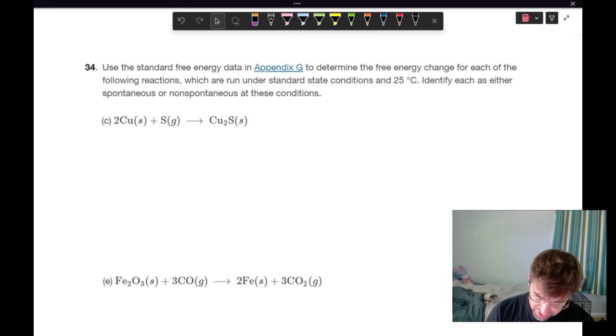So using the standard free energy data in Appendix G, determine the free energy change of each of the following reactions, which are under standard state conditions and 25 degrees Celsius. Identify each as either spontaneous or non-spontaneous at these conditions.